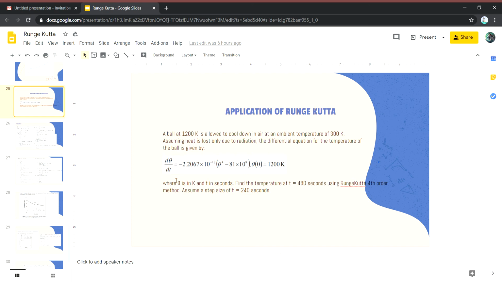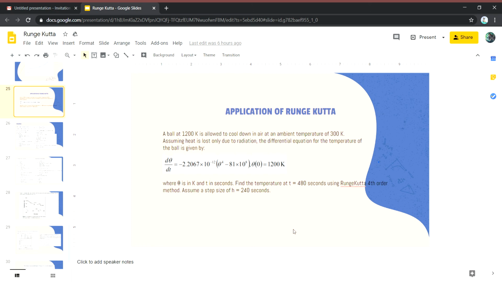d theta/dt equal to negative 2.2067 multiplied by 10 to the power of negative 12, and then in brackets theta to the power of 4 minus 81 multiplied by 10 to the power of 8, close bracket, and theta(0) equal to 1200 Kelvin, where theta is in K and t is in seconds.